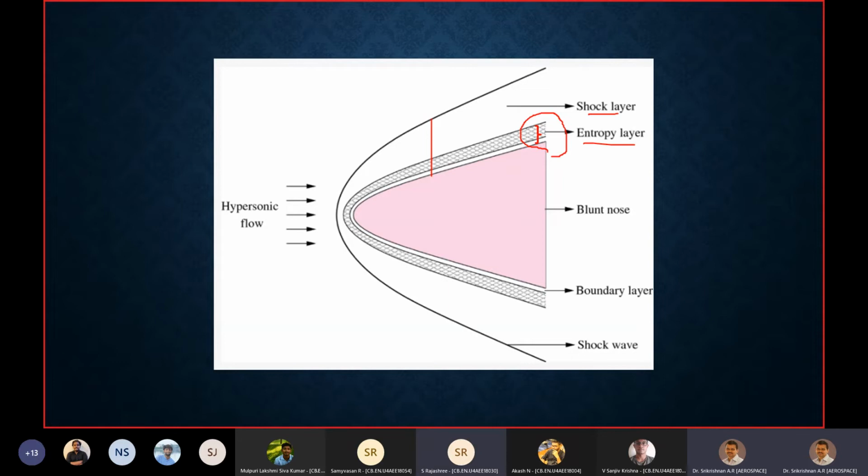So the point that you raised is very correct. You have gradient all across, and the diagram just shows an example of a region where the entropy gradients exist. That's all. Okay, understood. Thank you.